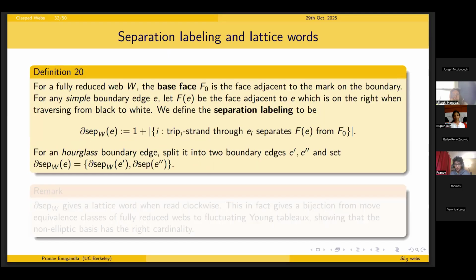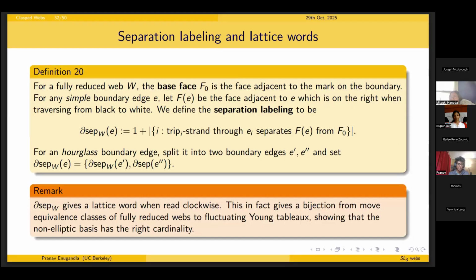So a few words on how they proved this, because I think this is some cool combinatorics. What they do is associate to any web, and I'm going to skim through all the details because this is very technical stuff, this word, which they call the separation labeling. This is going to be a lattice word. And there's this classical bijection between lattice words and Young tableaux.